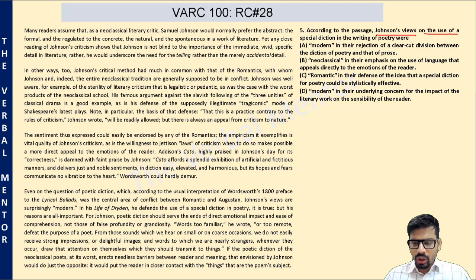Johnson's views on the use of a special diction in the writing of poetry were what? So it was written here, last paragraph, Johnson's views on poetic diction are surprisingly modern. And why were they modern? Because he thinks that the poetic diction should serve the ends of direct emotional impact and ease of comprehension.